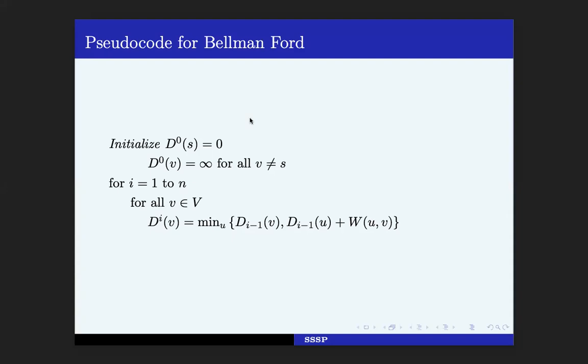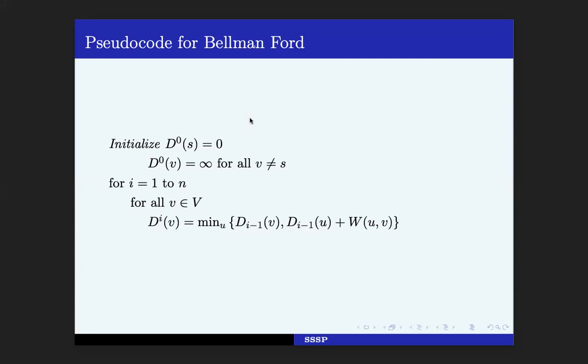Actually, this algorithm with a little bit of a twist can be made to detect whether the graph has a negative cycle. But if the graph has a negative cycle, then a lot of weird things will happen. You will still be outputting the correct answer in the sense that you will still be outputting the shortest path from S to V in T steps. That is not a problem.